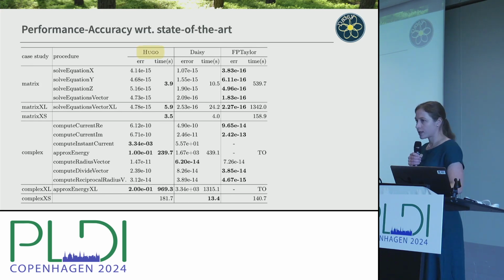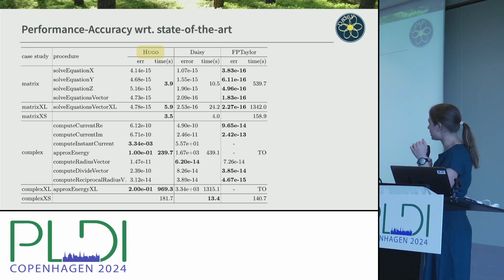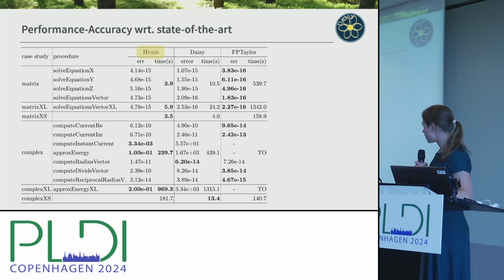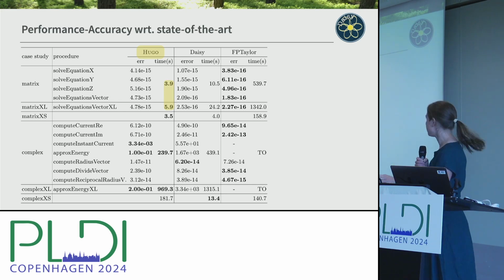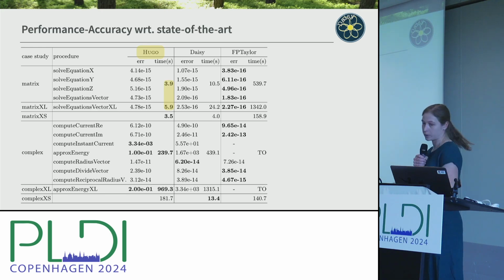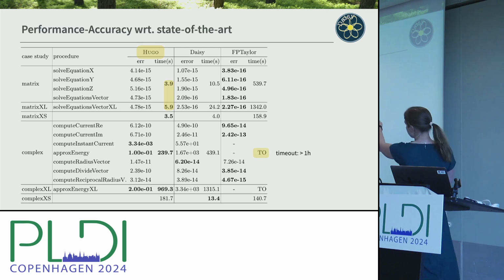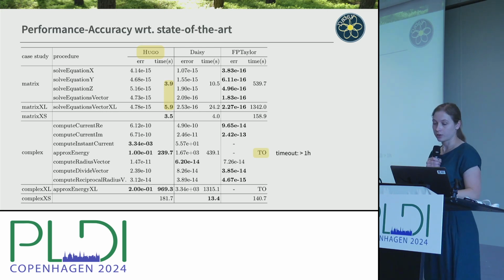So Hugo, that's the name of the tool in the paper, just to make it different, is implemented within the DAISY framework. So that's the approach that I just talked about. Now, if you have many function calls, the analysis will take significantly less time than DAISY's approach or the FP Taylor approach in the FP Taylor tool itself. So both DAISY and FP Taylor have to inline the function calls.